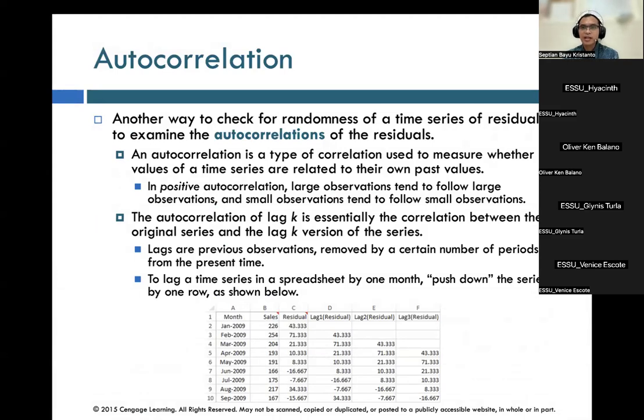In regression, we also consider autocorrelation. What is the meaning of autocorrelation? We know that between the dependent or target variable and the explanatory variables, we need to have a strong relationship.